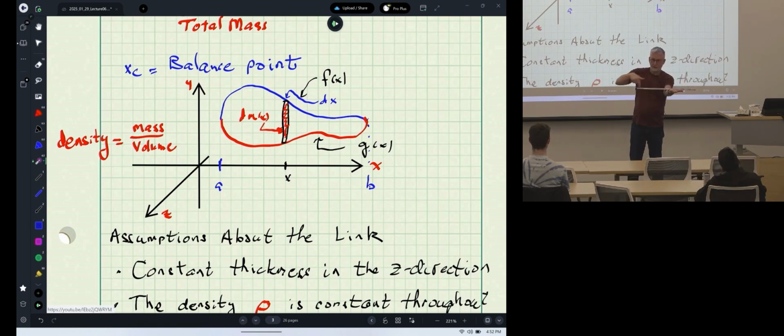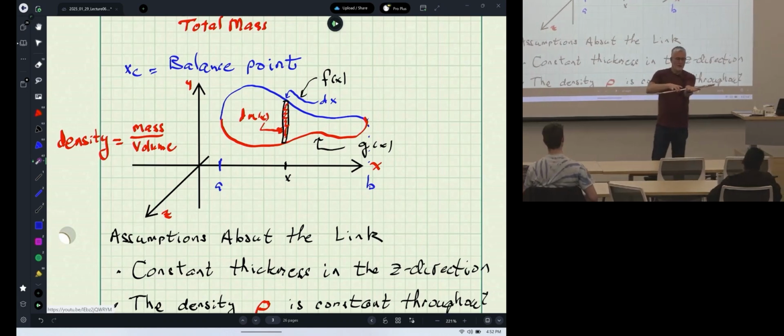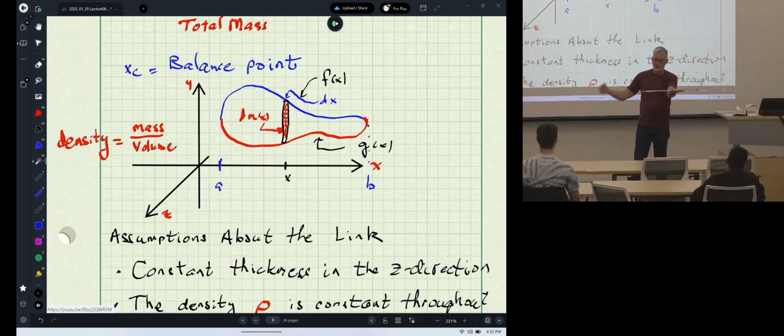If this is x, and z is the thickness, what is this axis? Thank you, y. So we need to look at the distance of masses from the y-axis when we're balancing here.